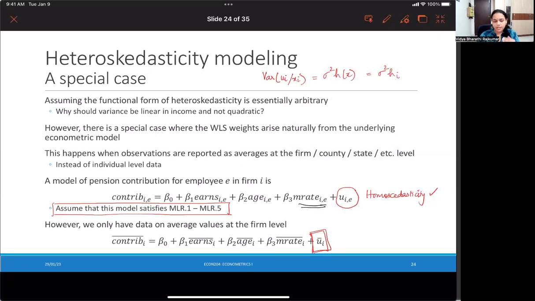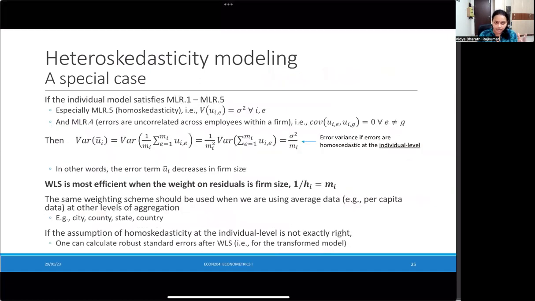But it turns out, because u bar is just an average that comes from the u_ie, and we know that the individual level model is homoscedastic, just the way in which the model is structured helps us find the weights for our WLS model. So let's see how that works. If the individual model satisfies the first 5 assumptions, then the variance of the errors there is a constant sigma square.